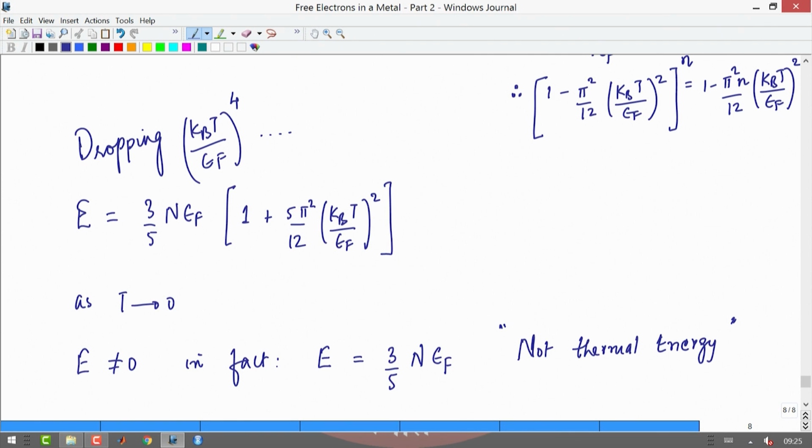At T equal to 0, the electrons have occupied all the energy levels up to the Fermi level, and hence in spite of the fact that this energy is very large, these electrons cannot conduct heat to my palm or my hand which is touching them, and so I feel nothing but very cold as T tends to 0.